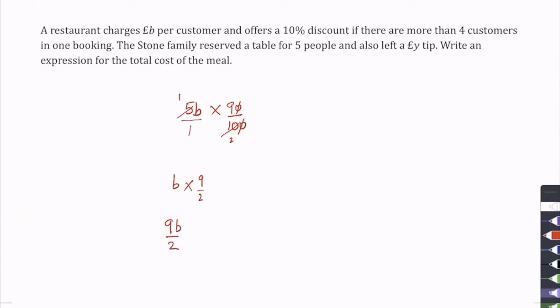And the reason we can write that is because that is just over 1. B times 9 is 9B, or B9. 1 times 2 is 2, and that's what we have on the line below. But we can't forget the tip, and that is Y pounds. And that is the expression that we're left with.